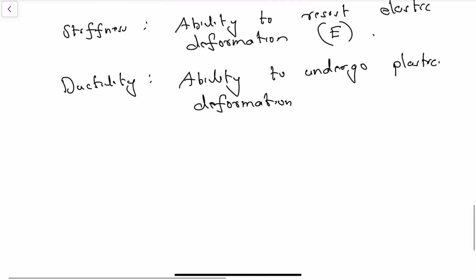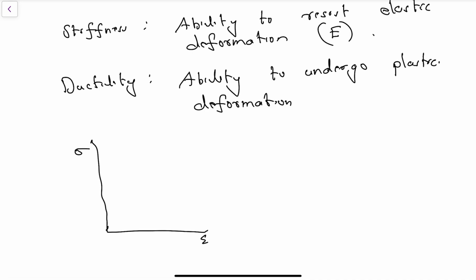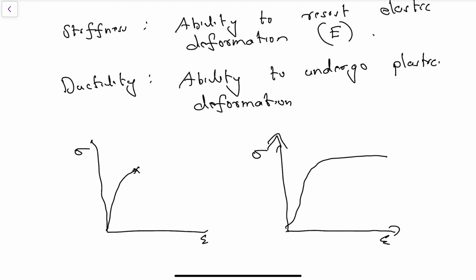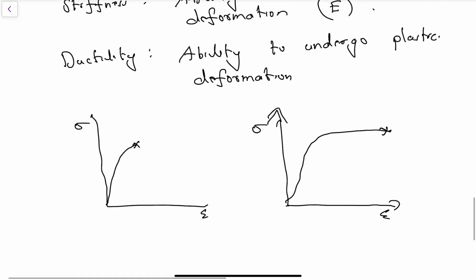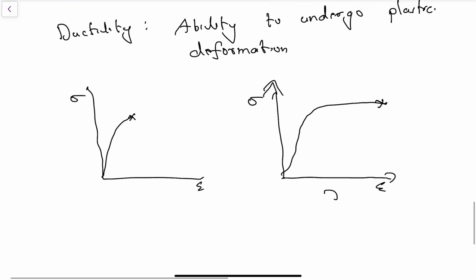That means if I draw two curves like this, with sigma and epsilon, one material exhibits a curve like this, and another material like this. So you can say that this one is a ductile material, and this one is a brittle material. So these are the differences between ductile material and brittle material.